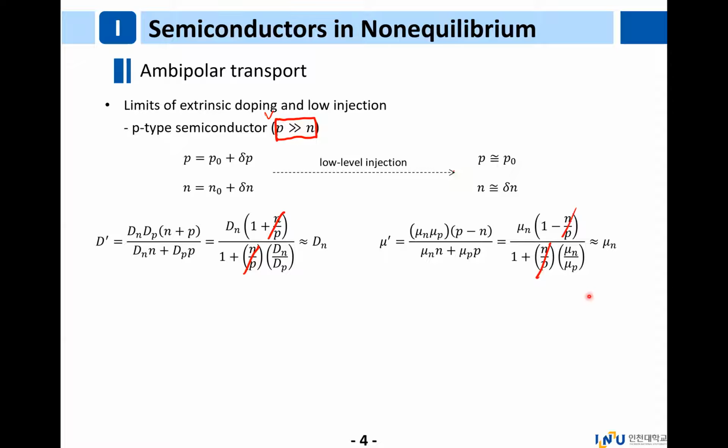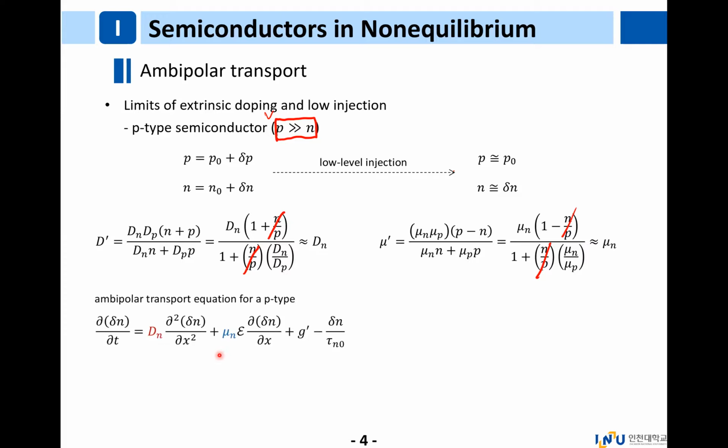Therefore, in a p-type semiconductor, when ambipolar transport occurs, excess carriers move according to the diffusion constant and mobility of the minority carriers, which are the electrons in this case.